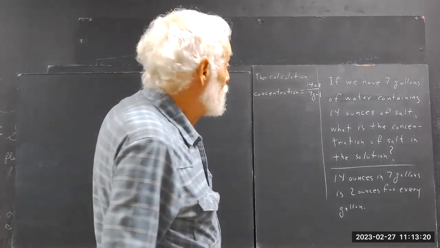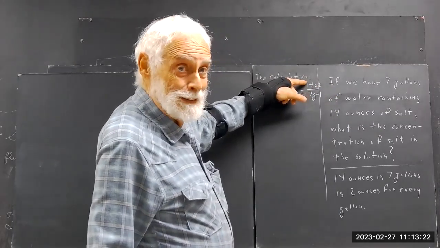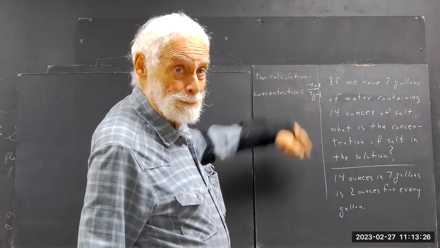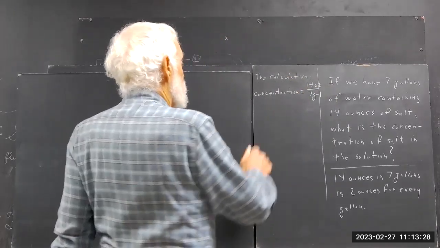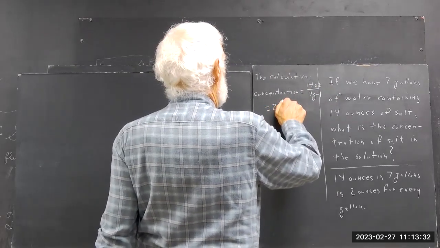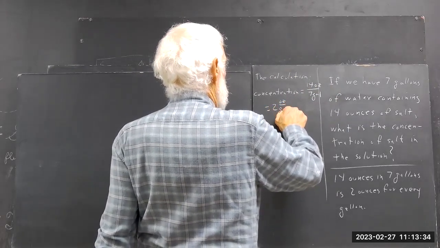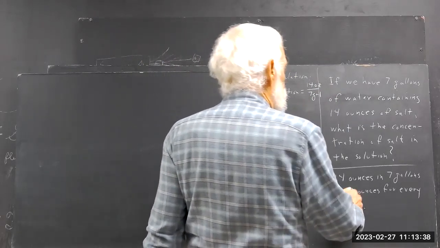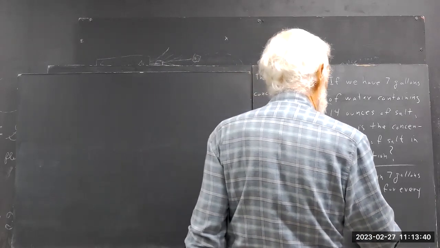It's the amount of stuff you have in the water divided by the number of gallons of the water. Now we can connect that: 2 ounces for every gallon.